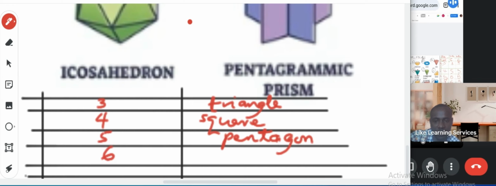6 sides is what? Hexagon. That's where we are getting all those hexagonal, pentagonal stuff. So 6 sides is hexagon. 7 sides is what? Heptagon.